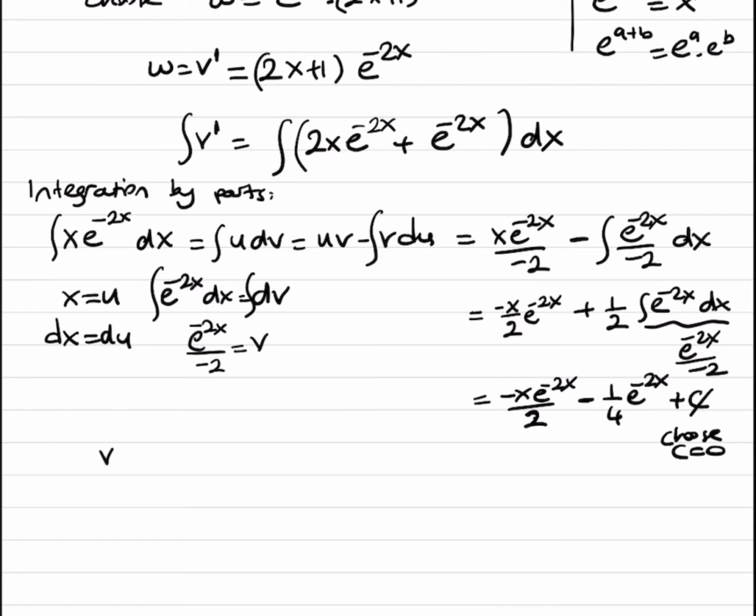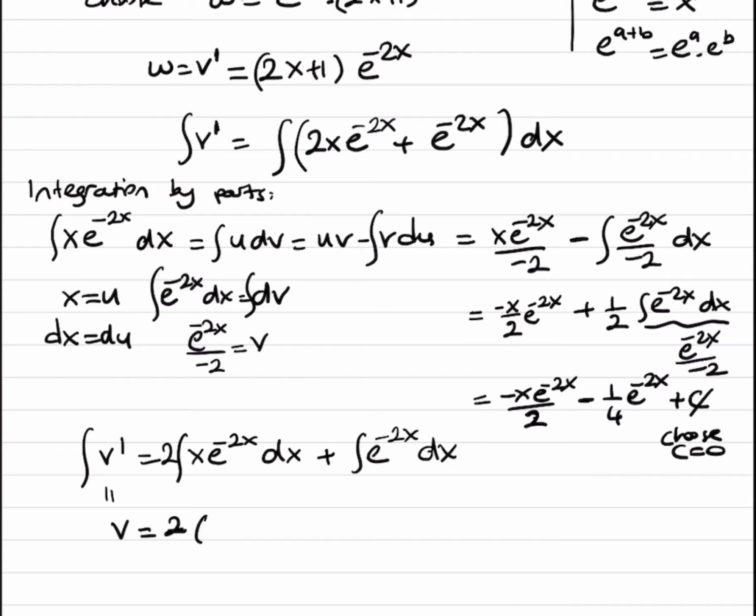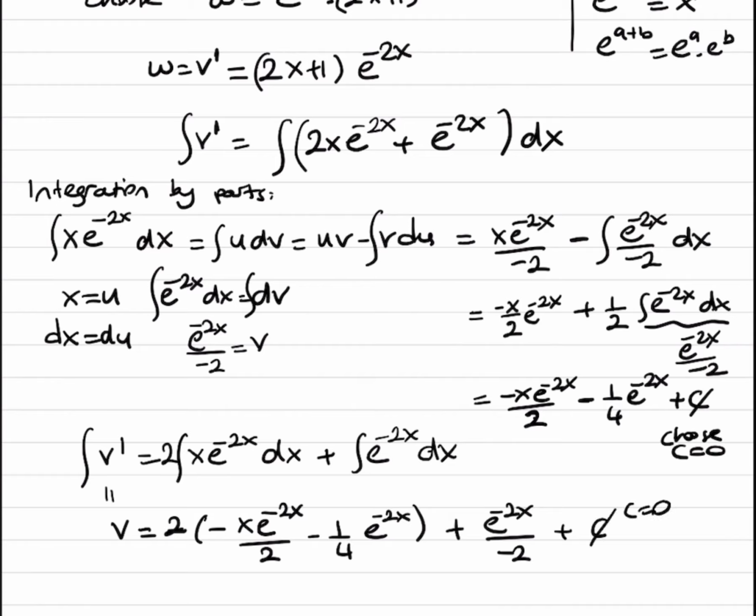So we have v prime is equal to 2 times x e to the power minus 2x dx plus e to the power minus 2x dx. So here v is equal to 2 times the integral of x e to the power minus 2x, which is minus x over 2 e to the power minus 2x minus 1 over 4 e to the power minus 2x, plus the other integral, plus c again, so c is 0.